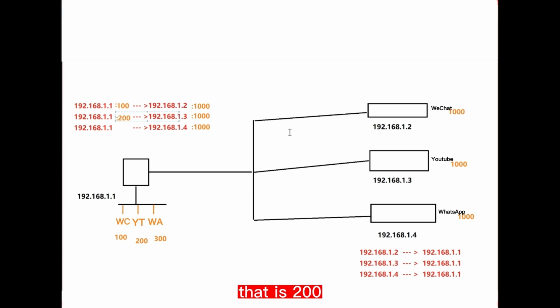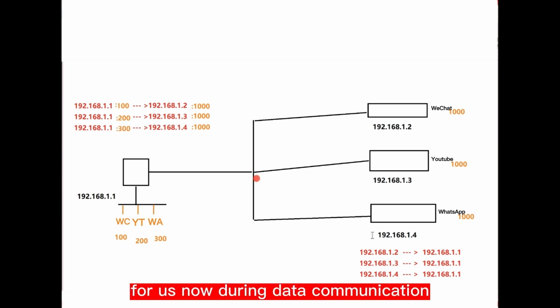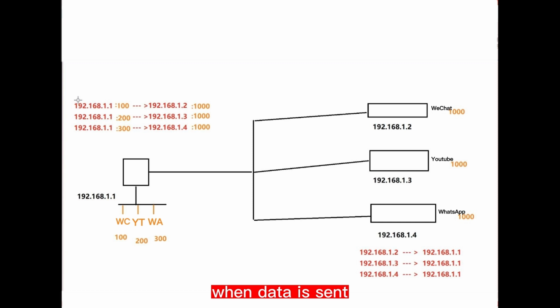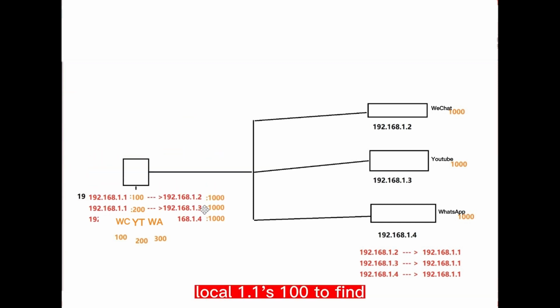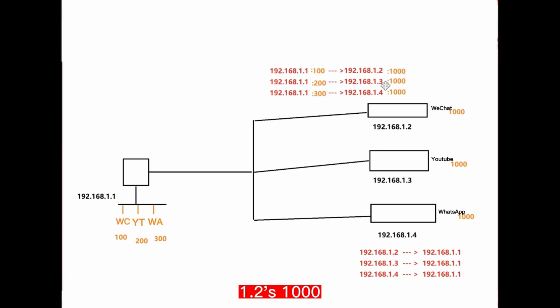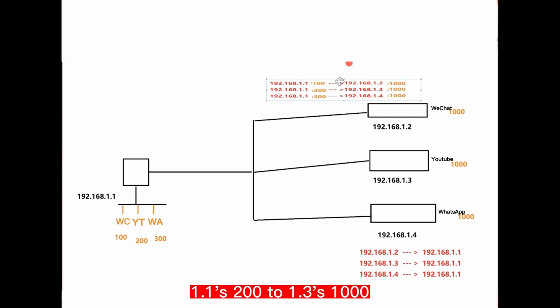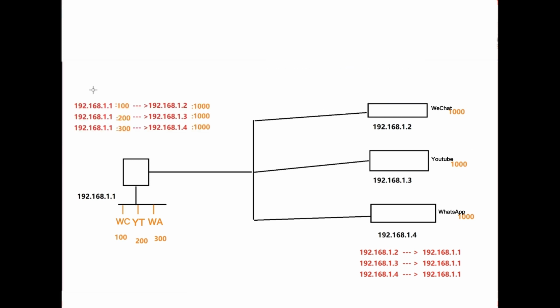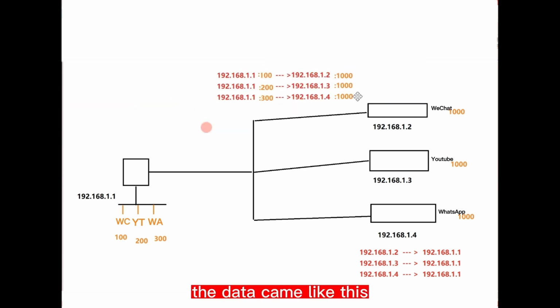That is 200. Let's visit here. Further down is 300. During data communication, when data is sent, that's how it's sent. Local 1.1's 100 to find 1.2's 1000. 1.1's 200 to 1.3's 1000. The data came like this.